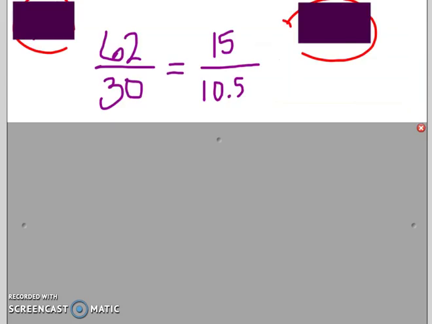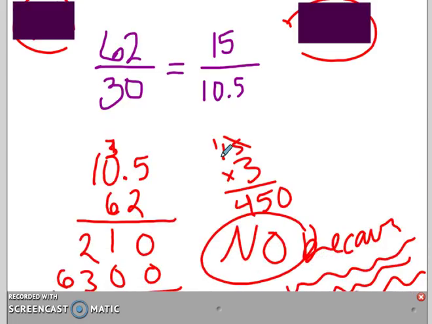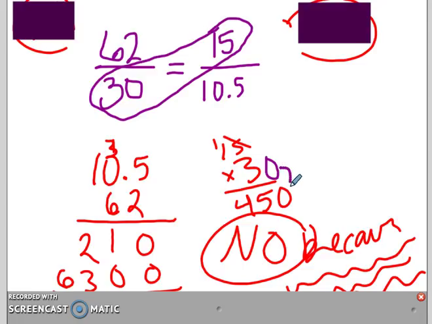All right. This will be our last one. Go ahead and see if these two rates are proportional. Pause the video now. All right, whenever you do the multiplication, 15 times 30, well, when I did 15 times 30, I just did 15 times 3. Can I do that? Sure I can, because I can always add in that 0 later and bring it down.